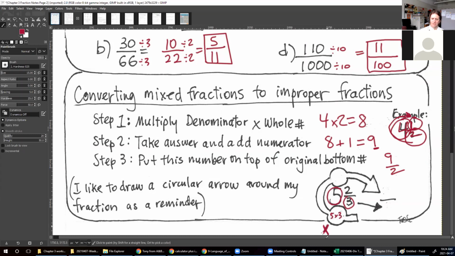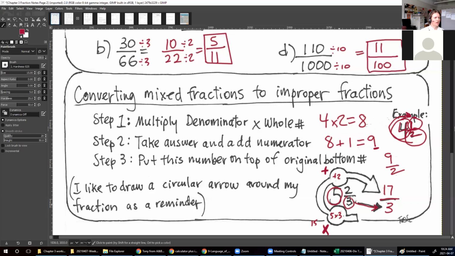This is a big times here, which is 15. And this is going to be an adding. I'm going to add 2, so 15 plus 2 is 17. And it goes on the top part of the fraction. And then I draw an arrow across the bottom, and the thirds stays the same. I haven't changed the size of the pieces.